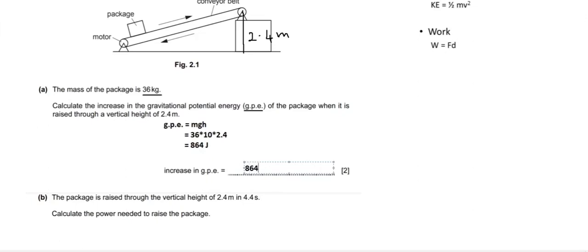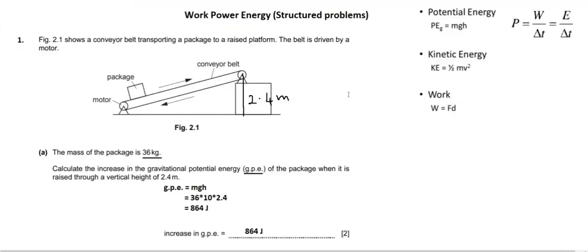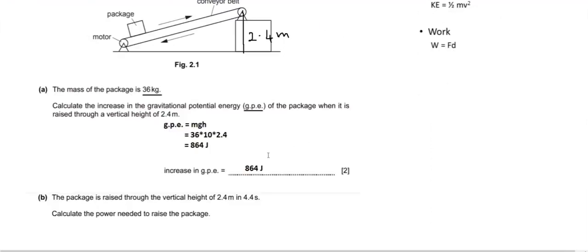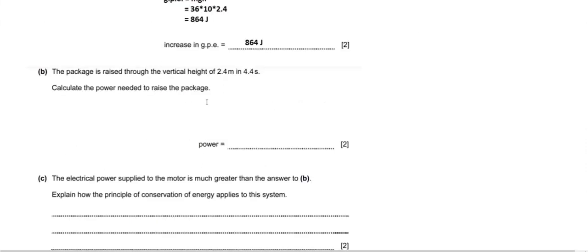So 864 joule I will write down here again, so that you will get the 4 marks. If you forget, write it down over here, otherwise unnecessarily you will lose 1 mark. So this is the first question, that is very easy. We are just going to apply this formula: gravitational potential energy is mgh. So remember, always we take the vertical height, not the slanting height for this mgh formula.